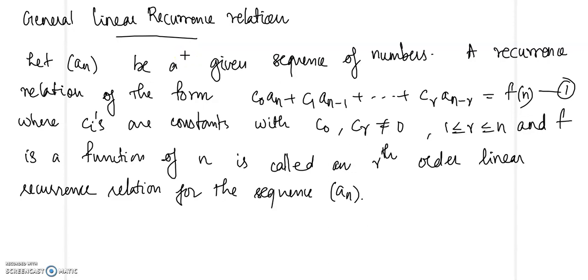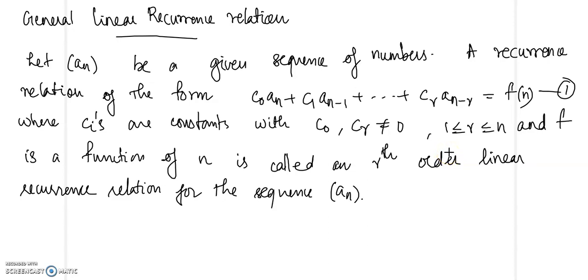Now the general linear recurrence relation is of the form c_0 a_n + c_1 a_{n-1} + ... + c_r a_{n-r} equal to f(n), where f(n) is a function of n, and c_0 and c_r are not equal to 0, and 1 less than or equal to r less than or equal to n. So here you have a right hand side function f(n).